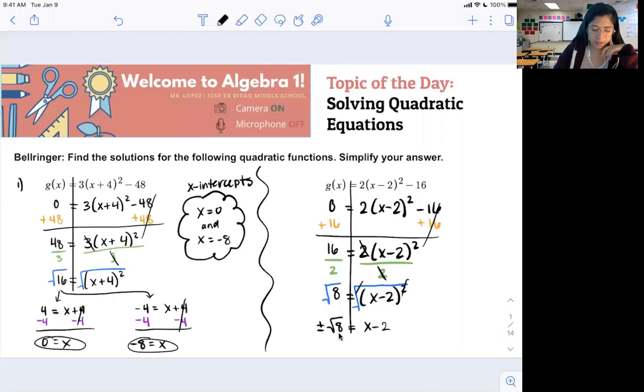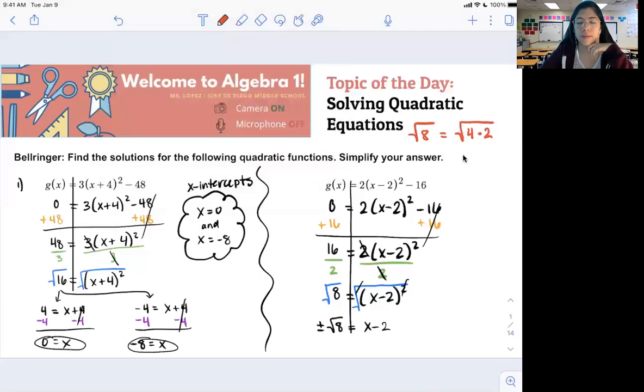Okay, let me do this up here so we can all see what I'm doing. The square root of 8 is the same as the square root of 4 times 2, right? 4 times 2 equals 8. Then the square root of 4 times 2, what's important about the number 4? What can you do to the number 4? It's a perfect square. So what does that mean?